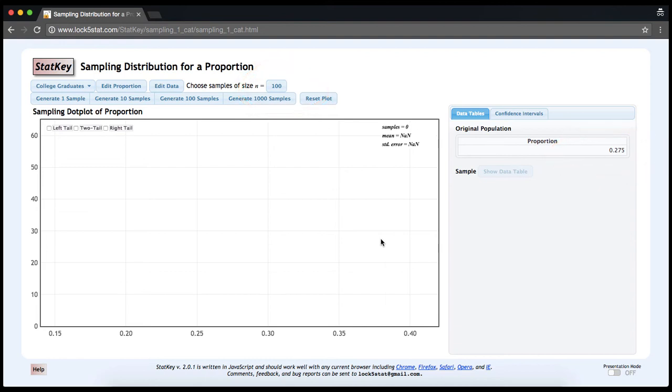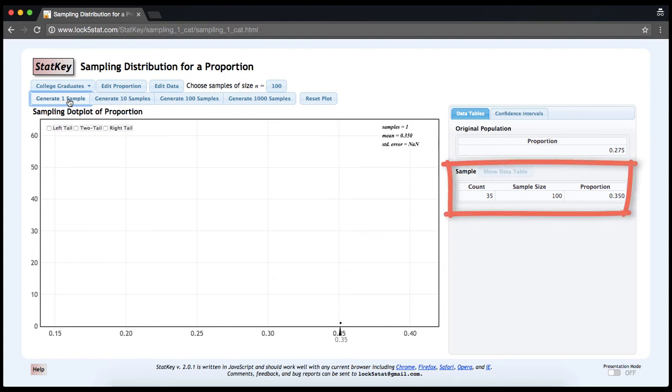Let's start by generating one sample. On the right, we can see that in our sample of 100, there were 35 individuals with a bachelor's degree or higher. This gives us a sample proportion of 0.350. This sample proportion is plotted on our sampling distribution dot plot. Let's generate another sample.